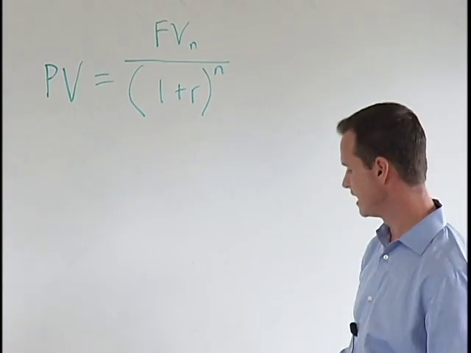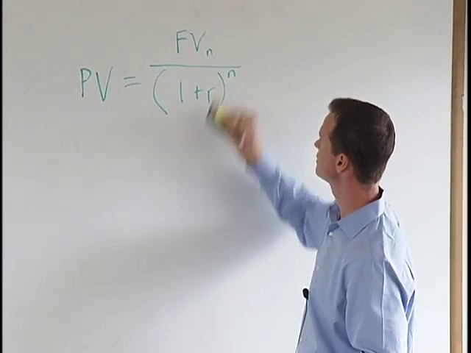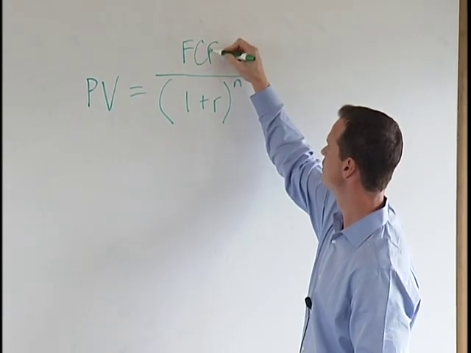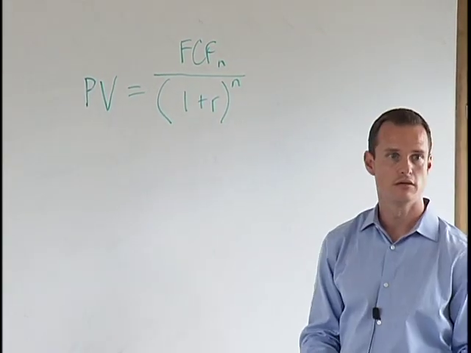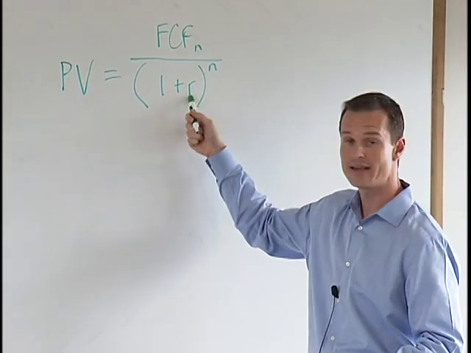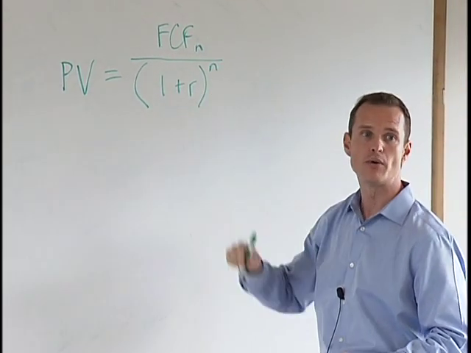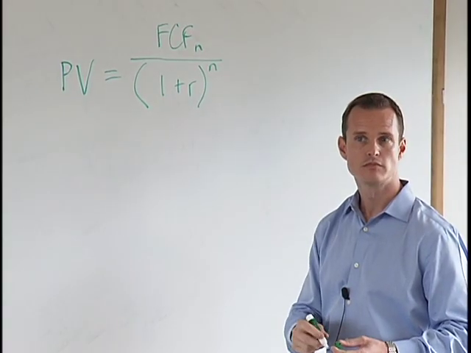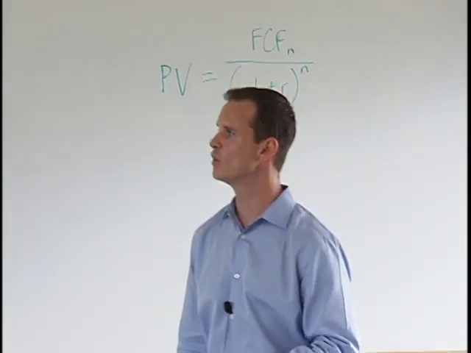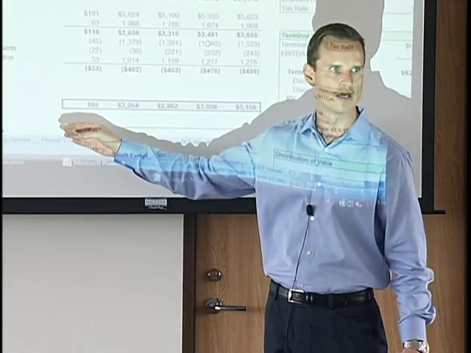Okay, another way of saying this in a DCF context, free cash flow in year n, divided by 1 plus r, WACC, raised to the nth power. All right, just our time value of money formula we went through before. The question is, in each year, what is n?